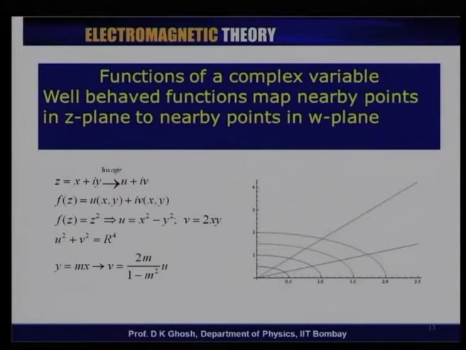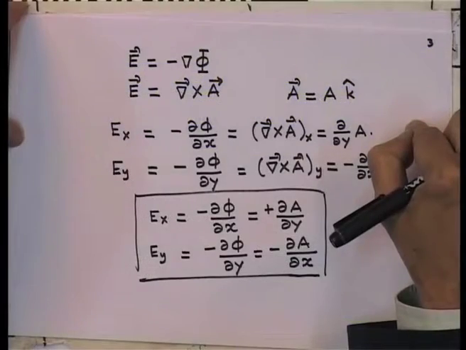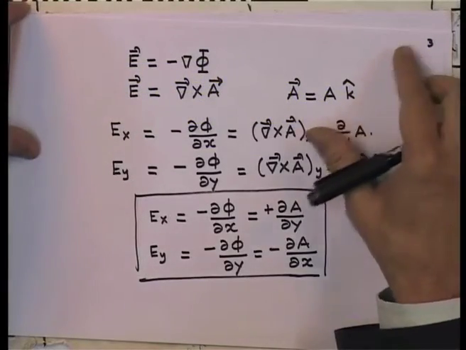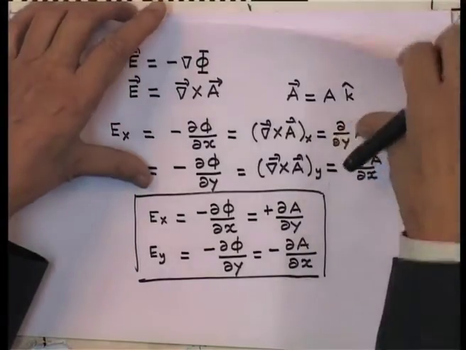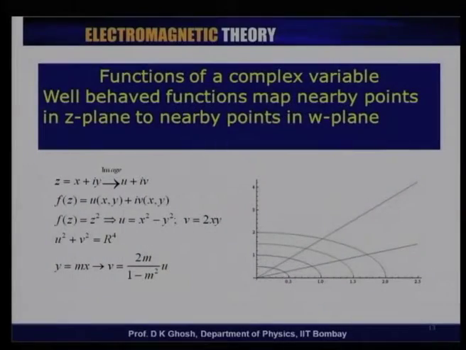I will return to the significance of this equation as I go along, but let us talk a little more about the complex variable, and then we will see what the relationship is.